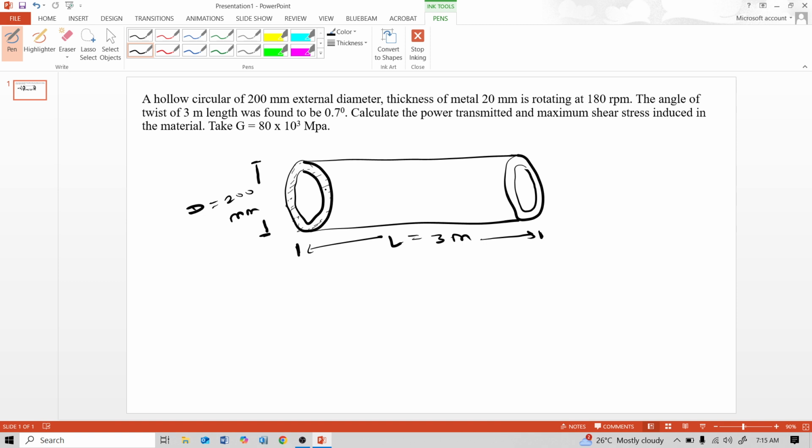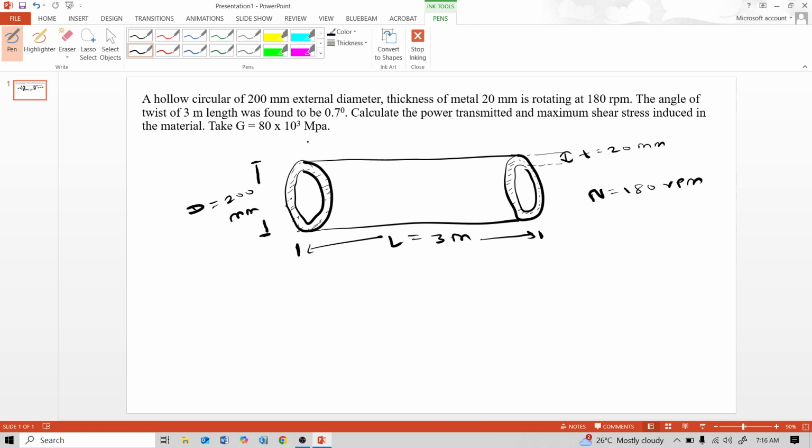This hatched part is the rigid part and the thickness of that hatched portion is small t, 20 mm. Rotating at 180 rpm, that means this N is equal to 180 rpm, because we need this N for the calculation of the power transmitted.